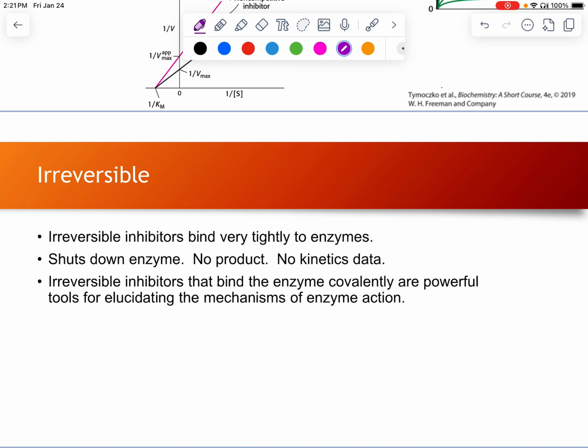These are really useful for helping us figure out mechanisms of reactions. So picture, for example, if you wanted to figure out which amino acid in a polypeptide was the amino acid that really interacted with the active site of an enzyme. Well, one thing we could do is let some of this protein interact with our enzyme, and then we can add an irreversible inhibitor, but one that we've tagged somehow.